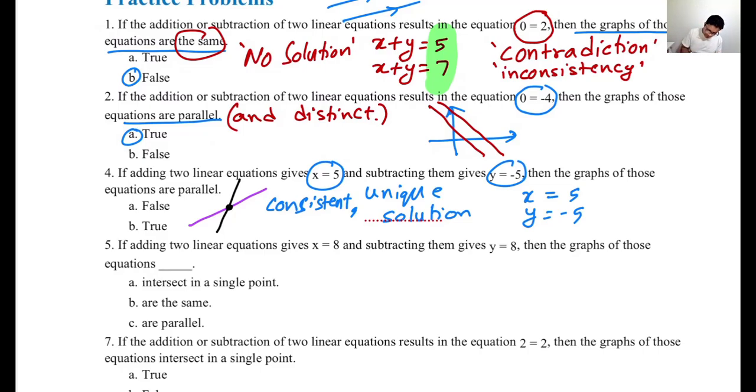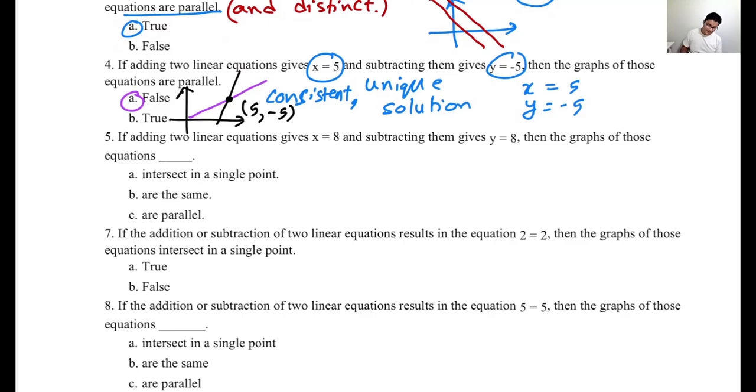In your coordinate plane, with your x-axis and y-axis, that point would be (5, -5). That should be in the fourth quadrant. I'm not going to redraw. The point is, these two lines should intersect. So the question here says they are parallel, and of course that is false, right?